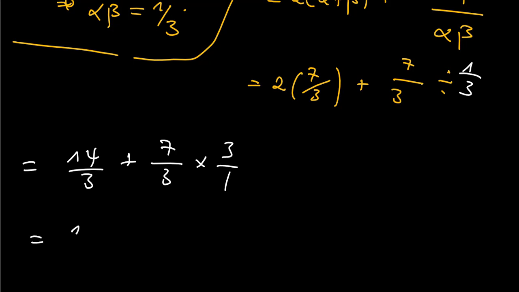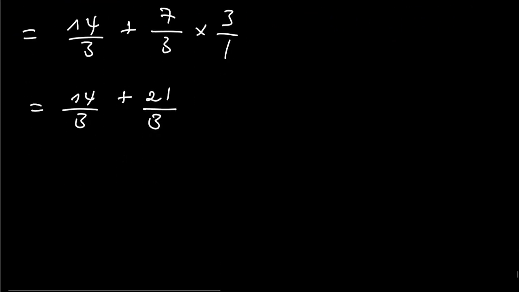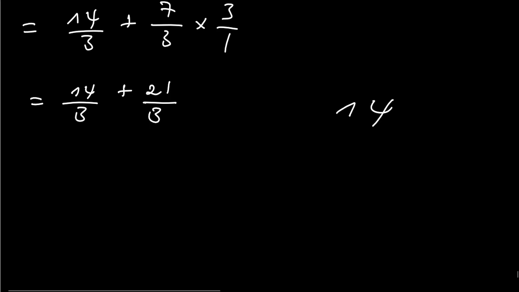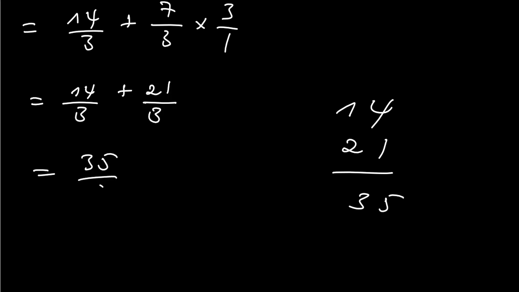This gives 14 divided by 3, and I will not simplify the 3 so as to simplify the expressions, plus 21 divided by 3. So adding 14 to 21 gives us 35. So this will give us 35 divided by 3.